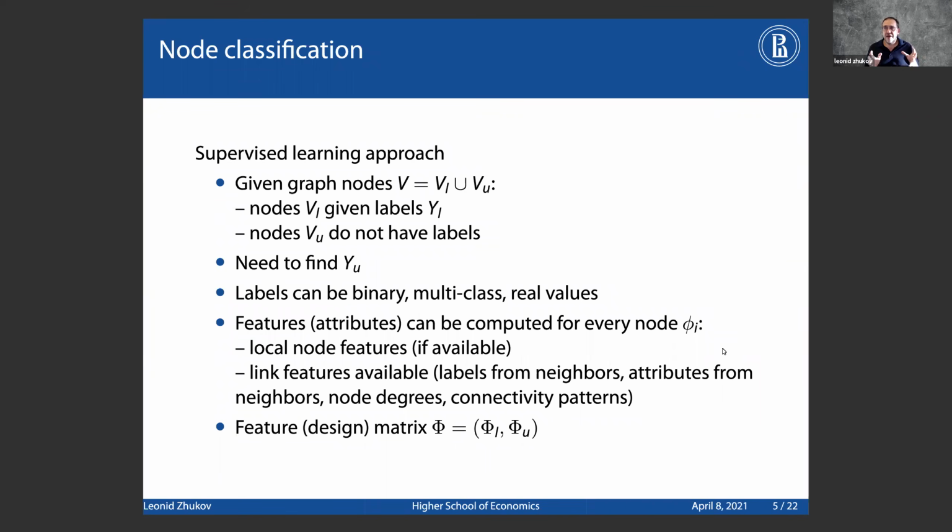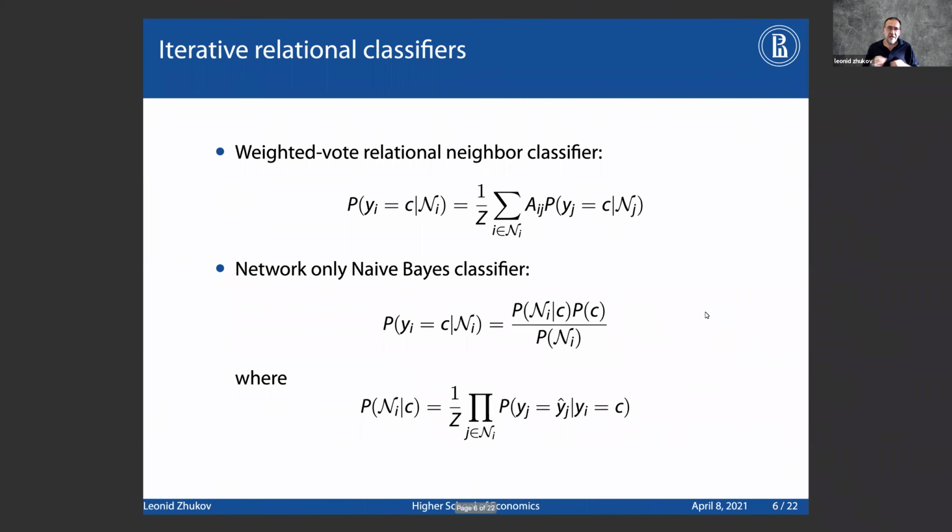And then you can think of this as having a feature design matrix, the same way as always in machine learning problems, where part of the features are link features, and part of the features are related to other attributes. Now, right now we're going to be focusing on the link features simply because this class is about networks, so we want to understand how those networks help us.